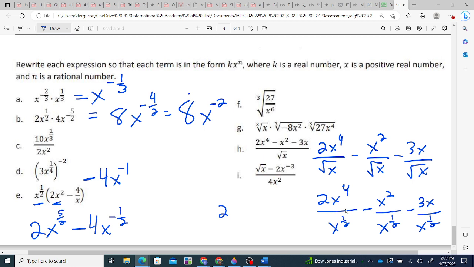So that's 4 minus 1/2, which is what? So that's 2 times x to the 3/2. No, not 3/2. Nope, sorry.